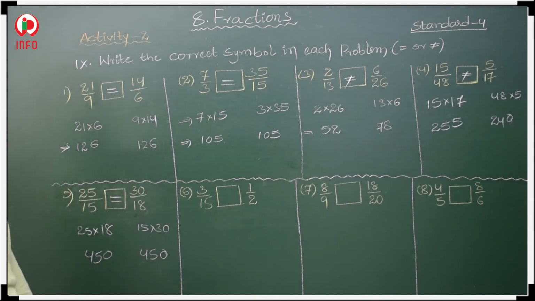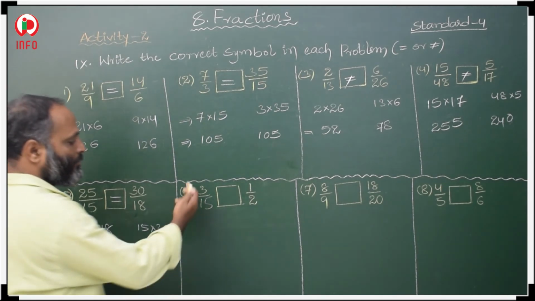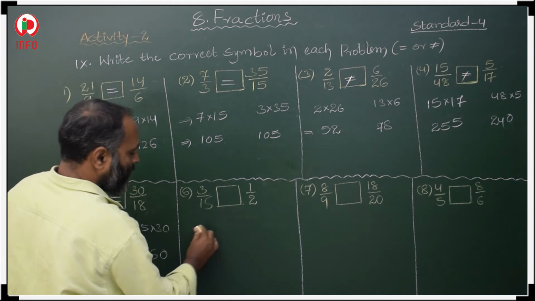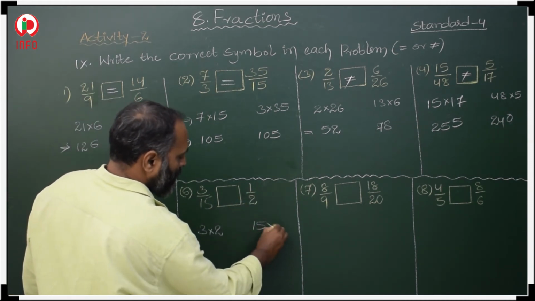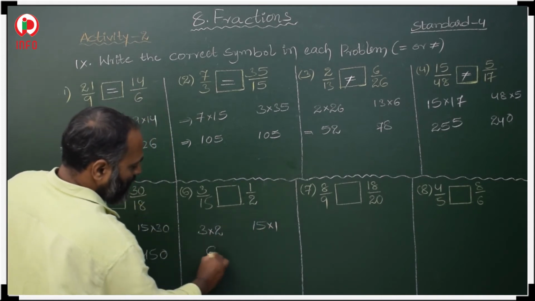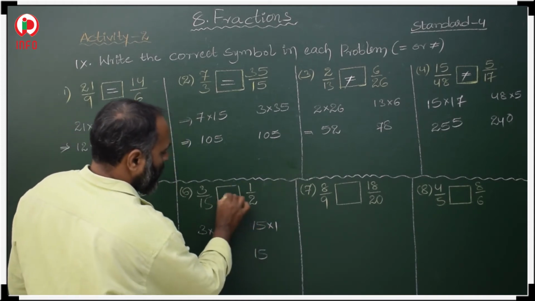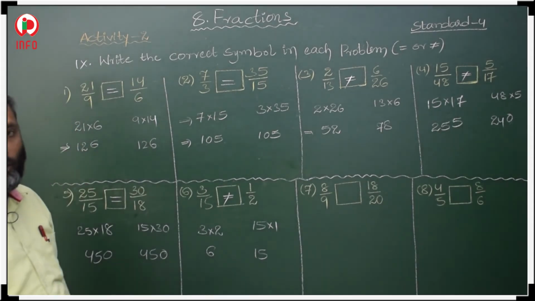They are equal. Now cross multiplication, 3 with 2, 15 with 1. 3 times 2 is 6, 15 times 1 is 15. They are not equal.